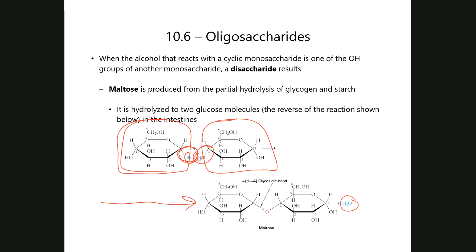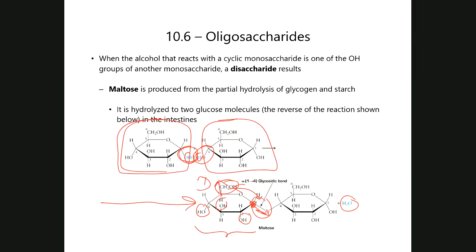Here's the glucose that was on the left. You can see down, up, down. The linkage is still alpha because that oxygen coming off of this carbon is in the opposite direction to that CH2OH, which is what defines it as a D sugar.